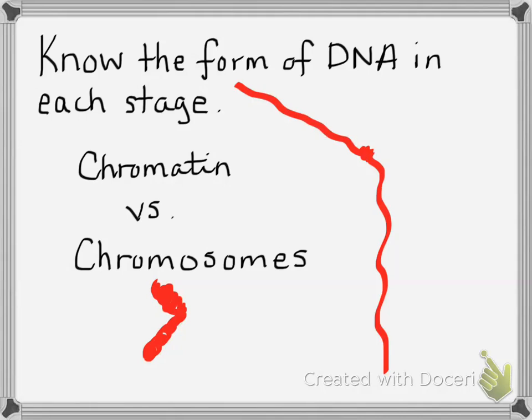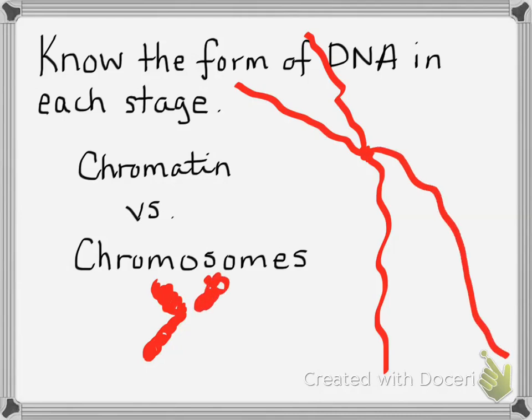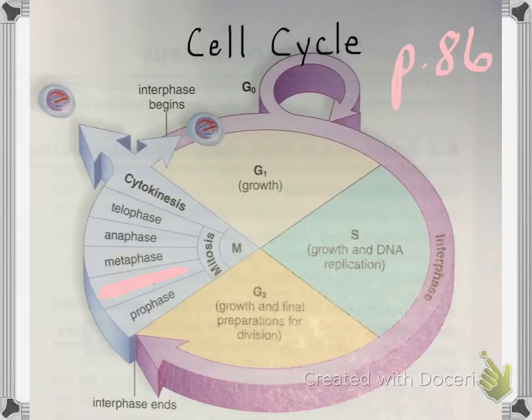So you're right. Then it becomes double-sided, and it looks more like what we're used to seeing. Okay, so I want to back up to the cell cycle.